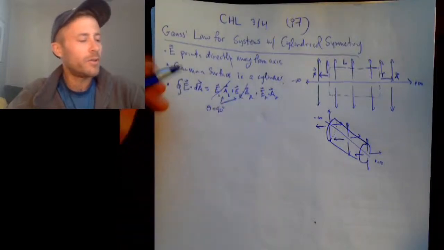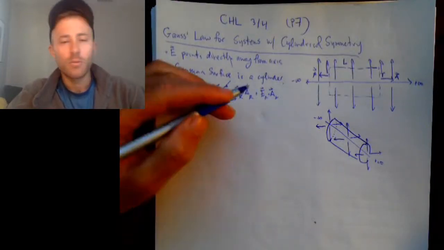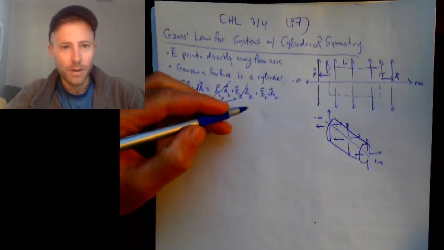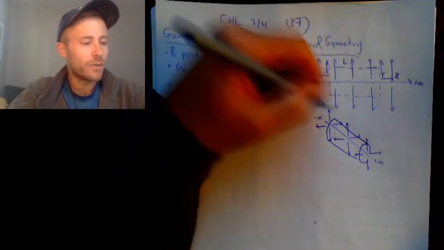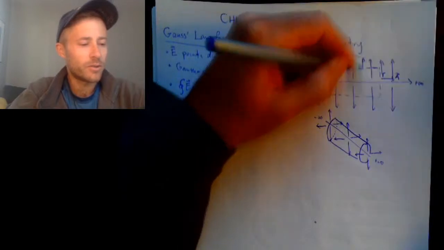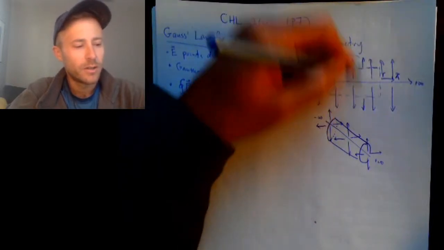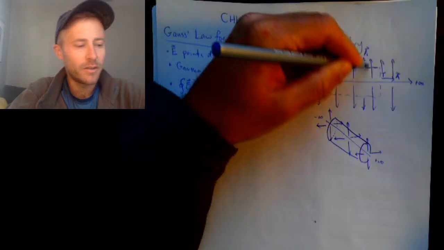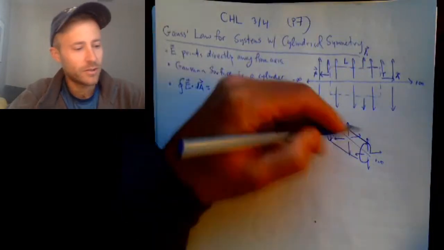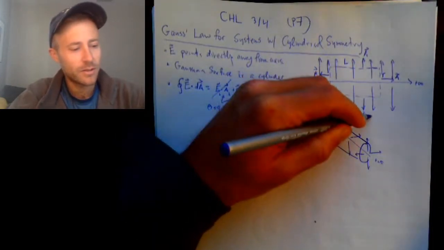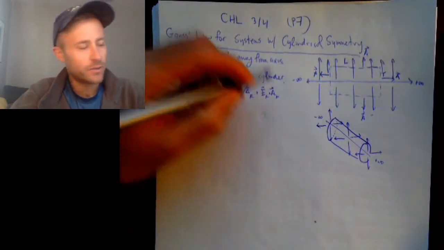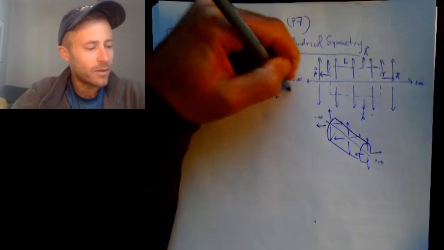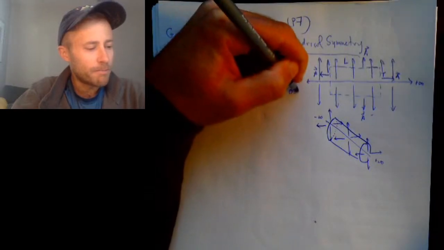Now, what about the middle face? The middle face is this curved face, and it has an area vector that points away from it. The electric field points in the same direction, so this middle face has an angle of 0.